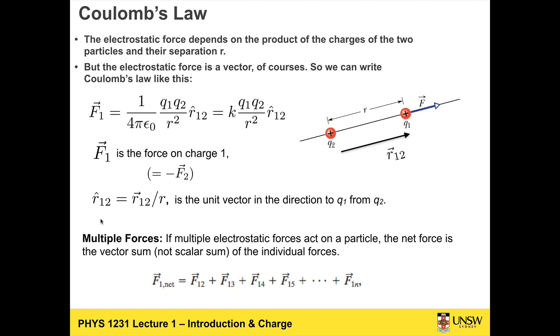And of course, this r hat 12 is the unit vector, so it's the vector r12 divided by its magnitude. And if you have multiple electrostatic forces acting on a particle, then the net force is the vector sum. Just like you learned in Physics 1A, you have superposition.